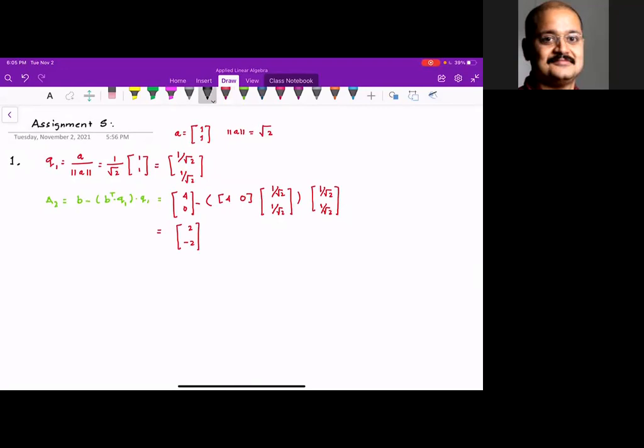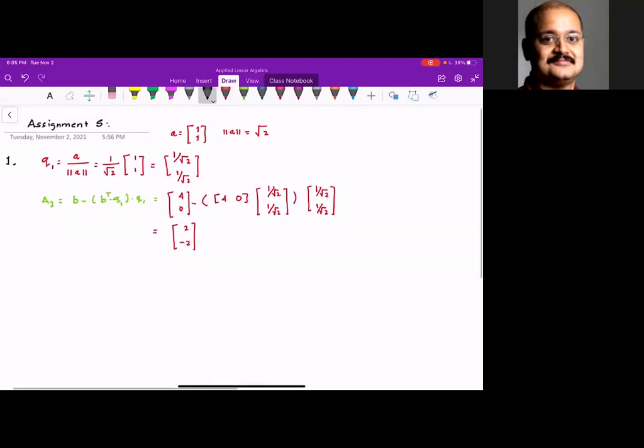So next is finding Q2. Are there any questions here? Okay. So Q2 is equal to A2 divided by the norm of A2, and that gets 1.